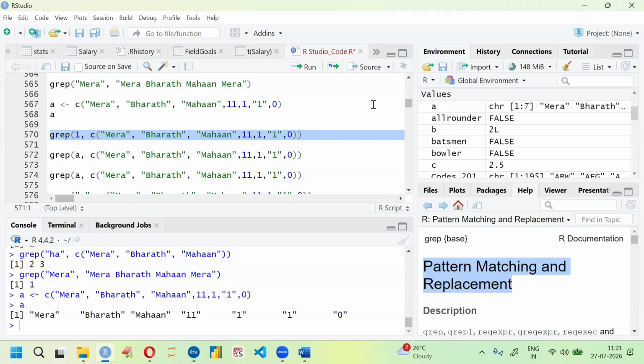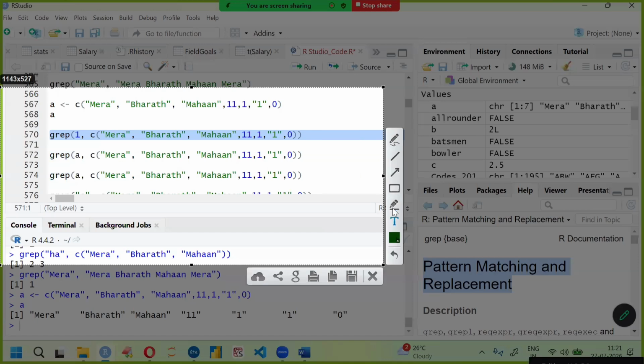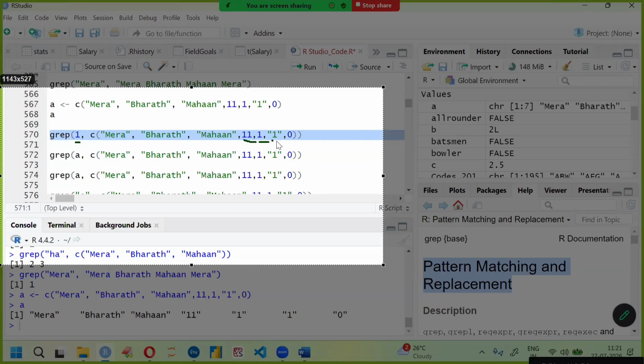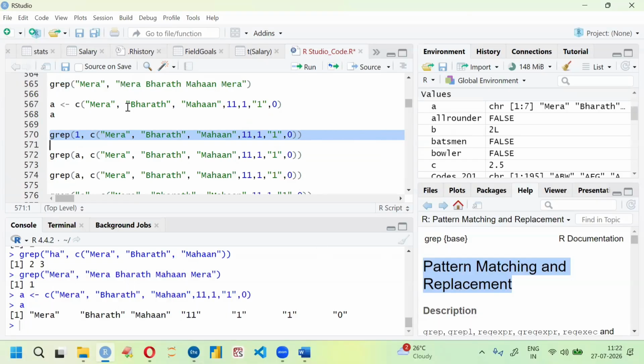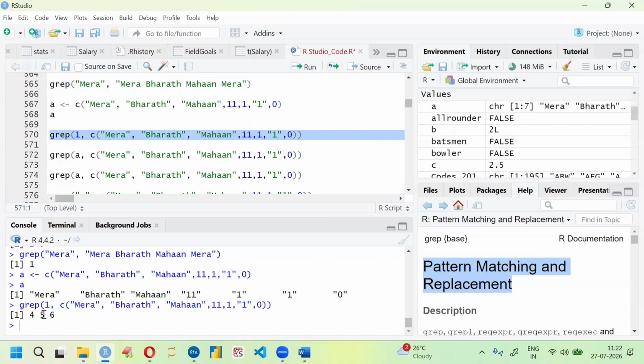If you observe here, one is there here, one is there here, it is also there here. If you observe, these are numerical ones and this is textual. Let us see what is the result we got. Run it. See, we got 4, 5, 6.